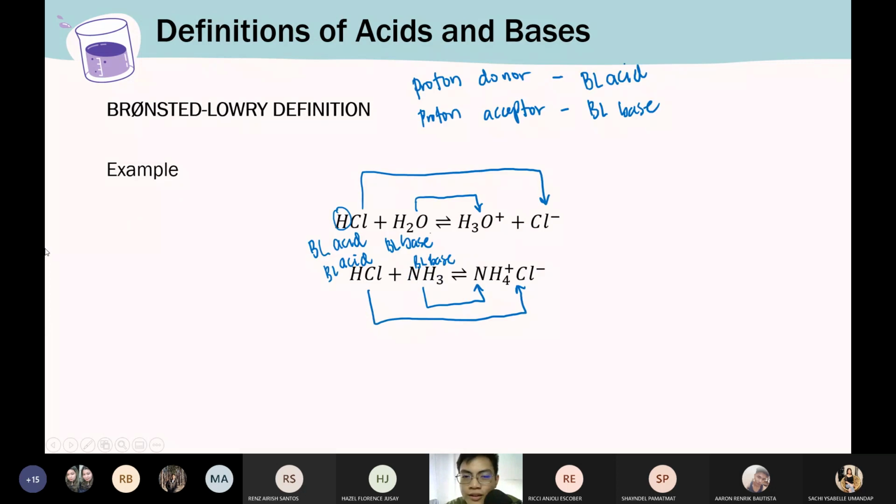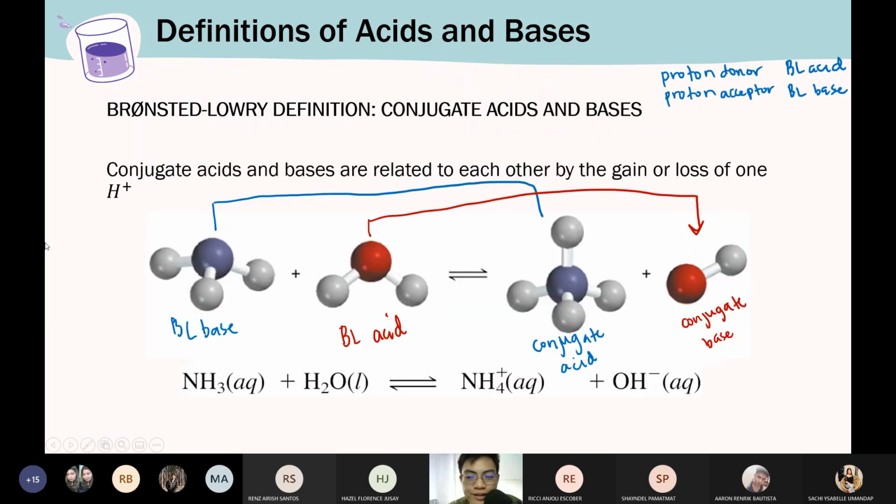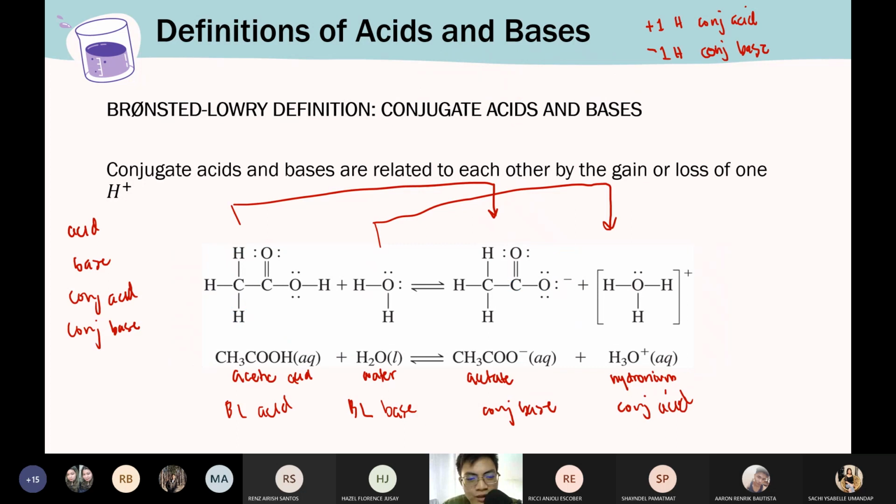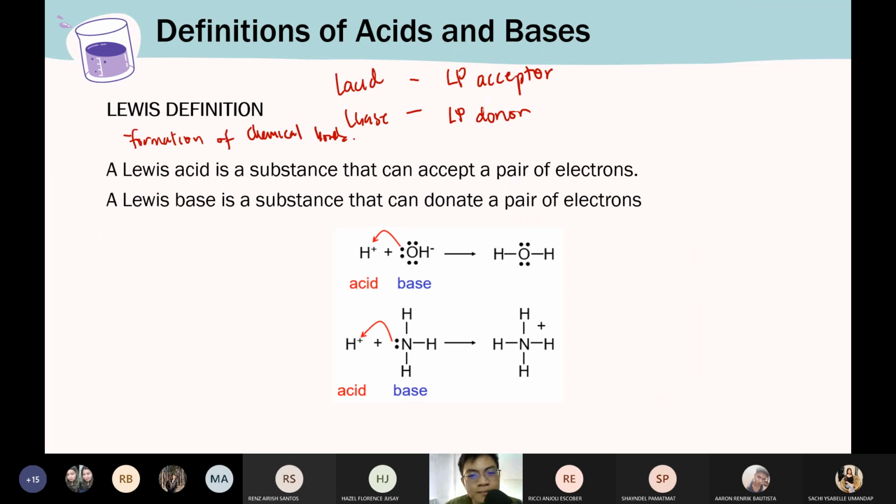Kapag Bronsted-Lowry definition, kung sino nagdagdagan ng proton, siya yung base. Kung sino yung nabawasan ng proton, siya yung acid. Okay? And then may counterpart siya. Tawag doon, conjugate acid, conjugate base. Pag nadagdagan ng H, siya yung conjugate acid. Pag nabawasan ng H, siya yung conjugate base.